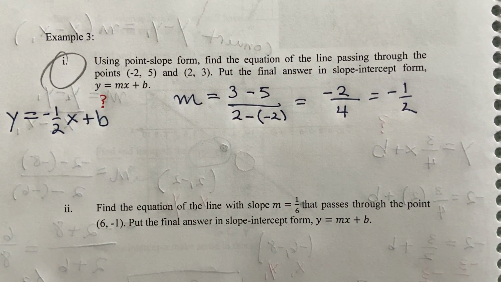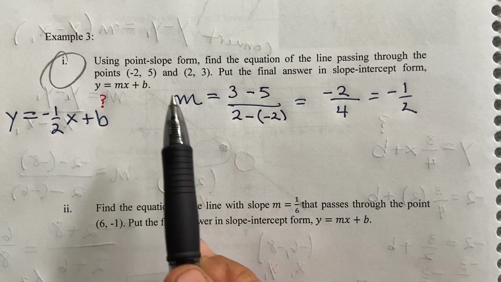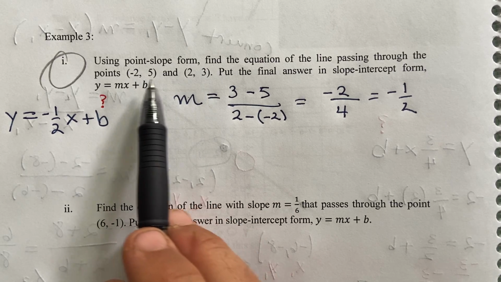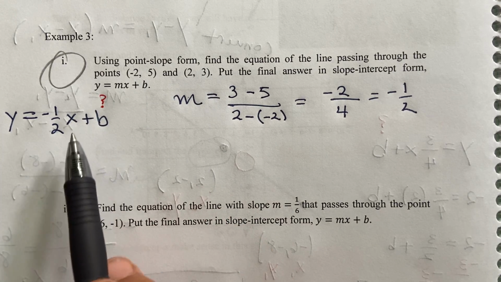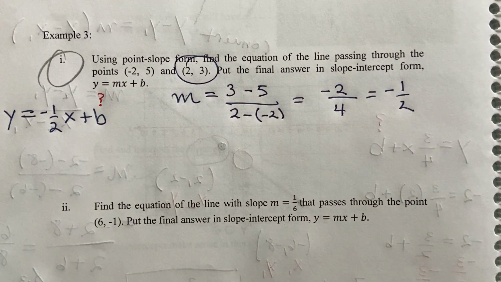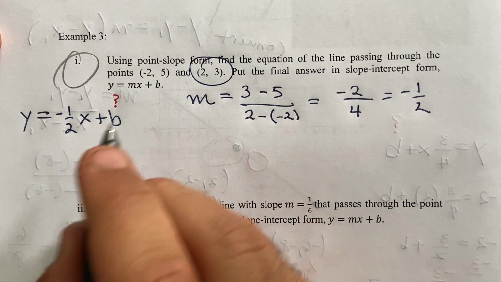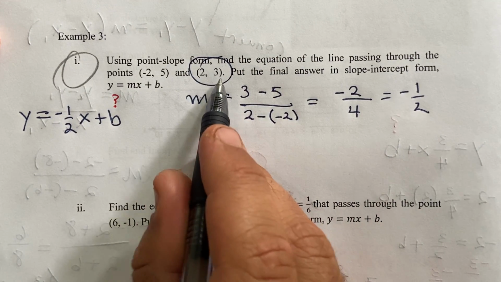How do we solve for the b? We pick either of the points. It doesn't matter which one you pick. You plug in that point for x and y, and then you solve for b. So I'm just going to choose this one for no good reason. So I'll plug in x equals 2, y equals 3.